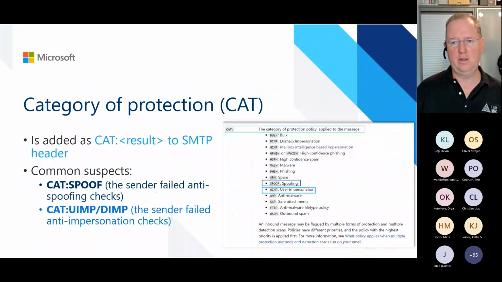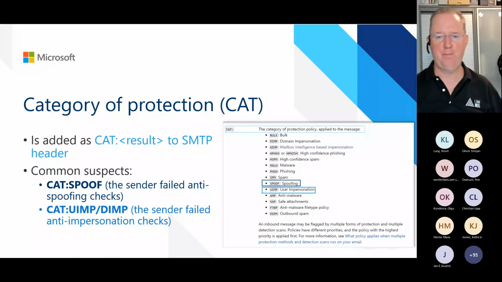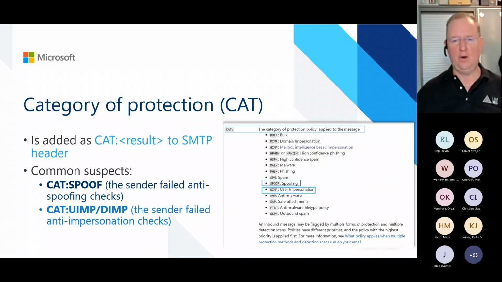But SFV is not the only one. There's also CAT, the category of protection. CAT is also added to the SMTP header. Here you see, for example, if it's bulk, or domain impersonation, or high confidence spam, or malware, phishing. So you see the different areas.